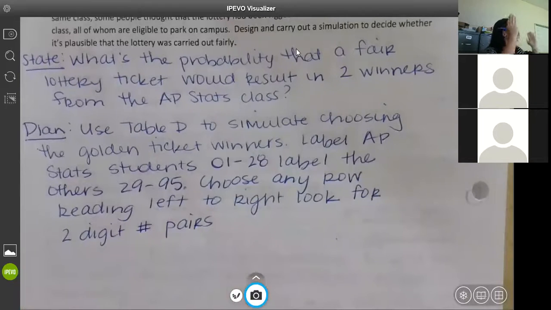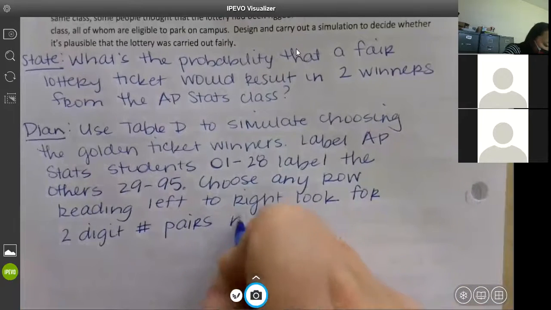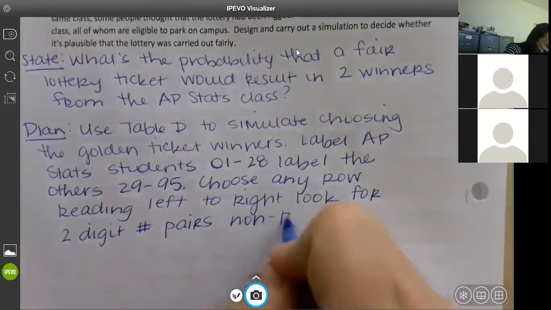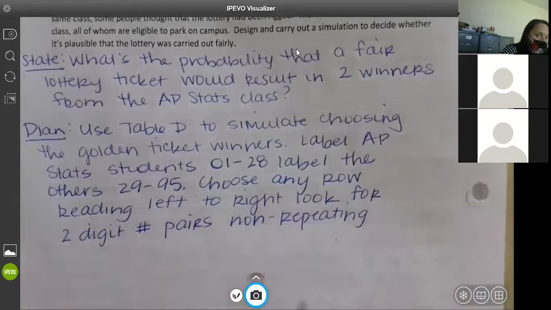Okay, so we're going to pull two students at a time. So we're actually looking at a set of 4 numbers, if that makes sense. Okay, so we're pulling 2 students at a time. Non-repeating. And what else? Within the range.